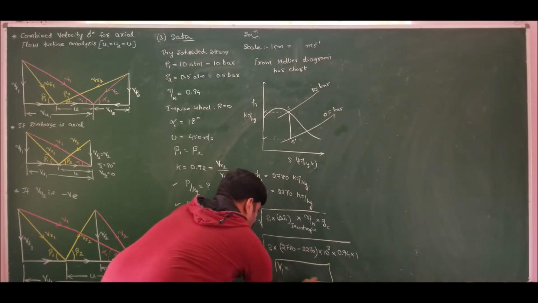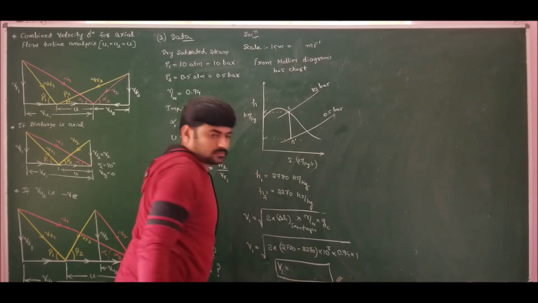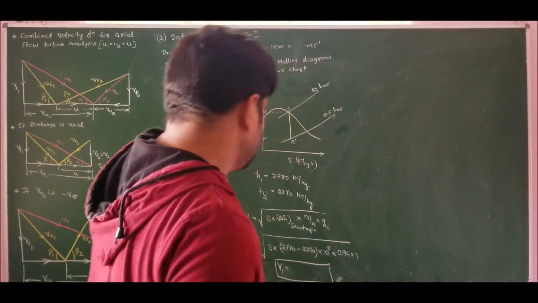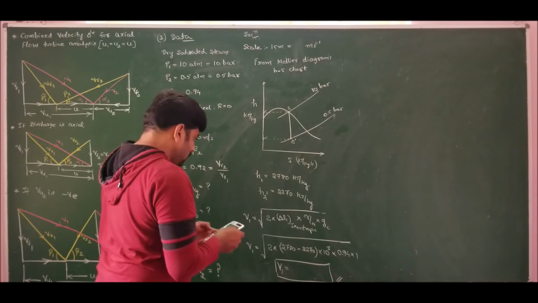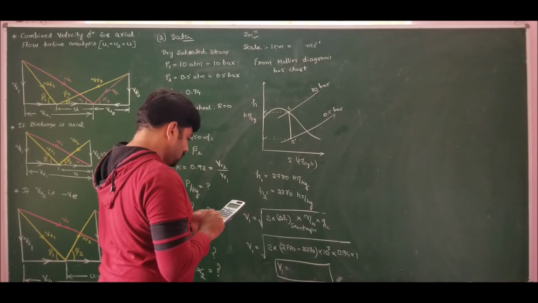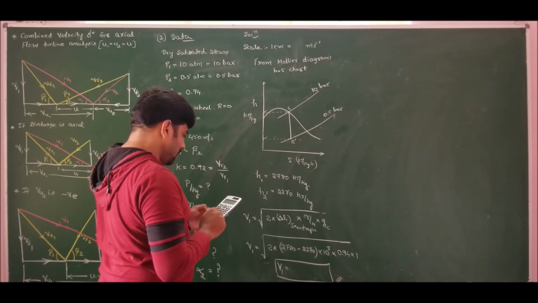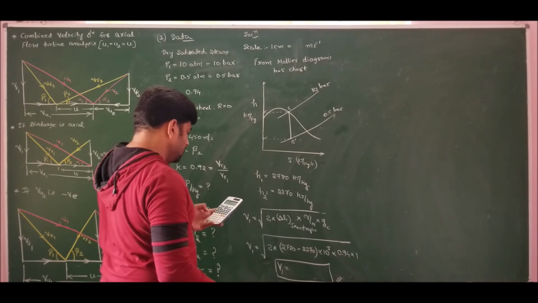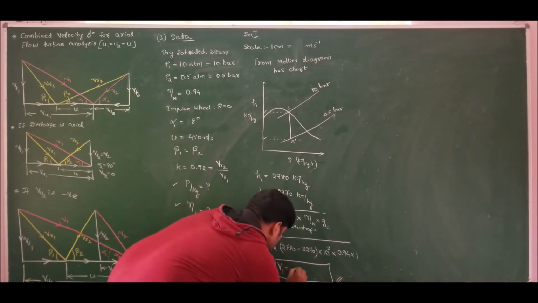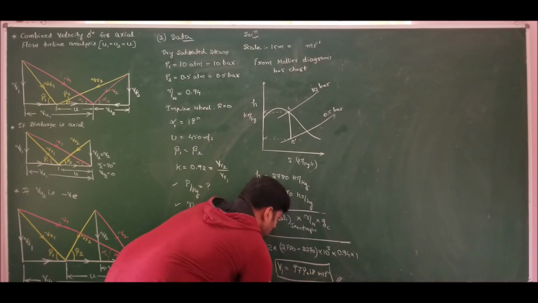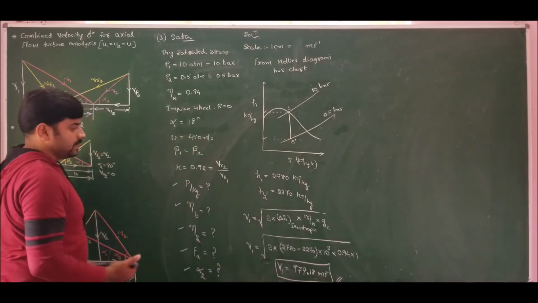So V1 will be square root of 2 into 2780 minus 2270 into 10 to the power of 3 into 0.94 into 1, which gives us V1 as 979.18 meters per second.